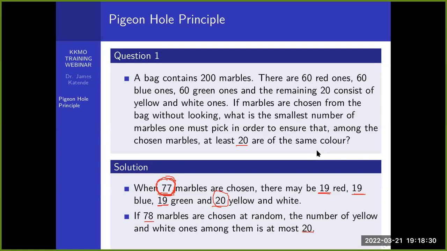And when you do that, you're left with 58, right? So out of these 58, we need to put them into 3 pigeonholes. One of the pigeonholes is red.